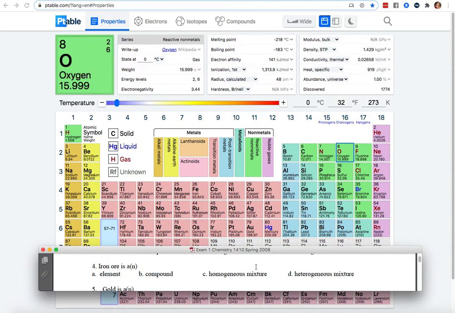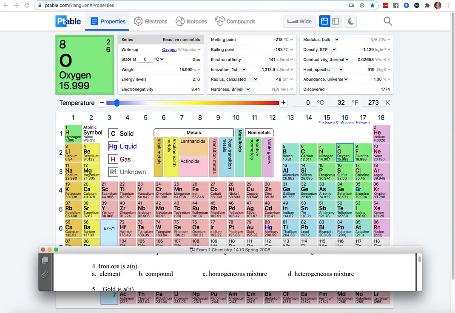So iron is an element, but iron ore is iron mixed with a whole bunch of other stuff, and it's not a chemical compound. Iron oxide, for example, would be a compound, but iron ore is iron mixed with other things, not chemically bonded to other things. So that makes it a mixture.